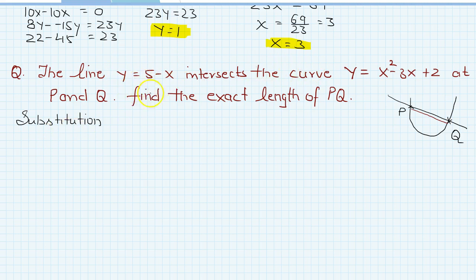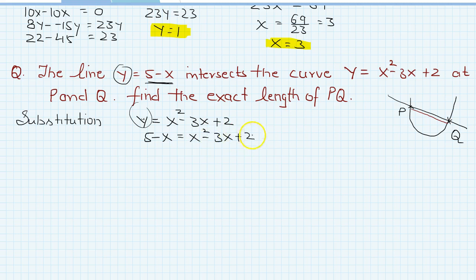The second equation of the curve is y equal to x square minus 3x plus 2. This is also y and this is also y, so this y can be replaced by 5 minus x. So I can write 5 minus x is equal to x square minus 3x plus 2.